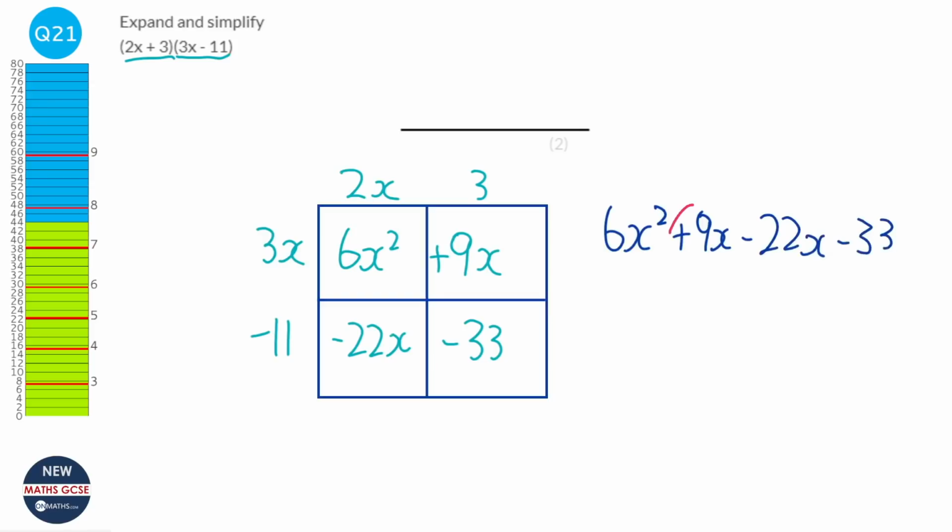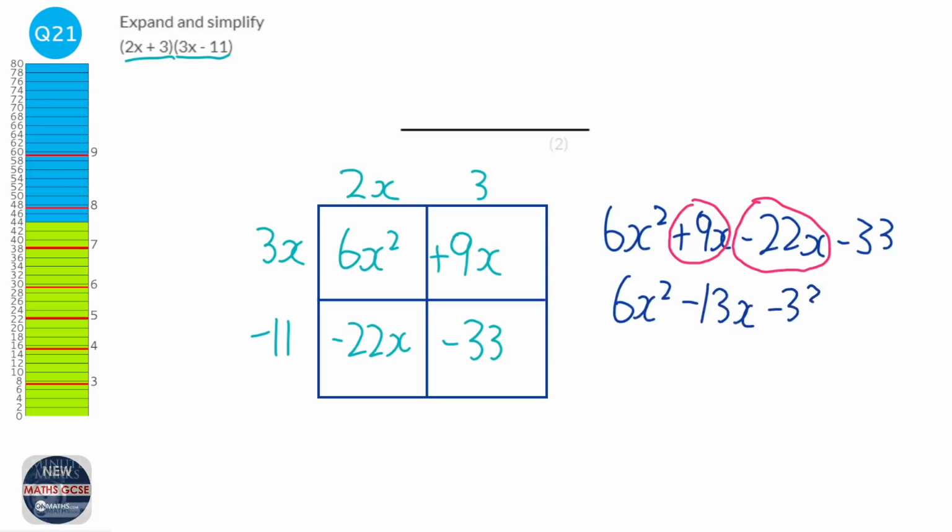We can see here that the plus 9x and the minus 22x are like terms, so we can add them together to make minus 13x, and that's our answer. So our answer is 6x squared minus 13x minus 33.